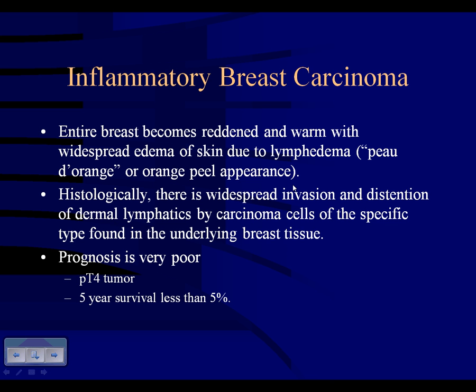And that's the bad thing. So basically there's a tumor mass somewhere, and then it has infiltrated into the dermal lymphatics. It's not a good thing. These patients usually present with very high stage tumor. They're already a T4, and their survival is very bad. But again, it's the involvement of those dermal lymphatics that give the breast this kind of inflamed appearance.